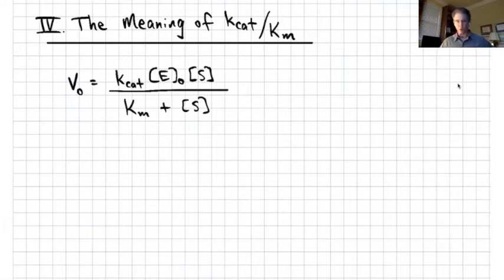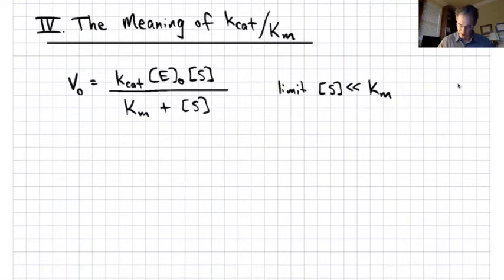So the question is to think about the limit where the concentration of substrate is much, much less than the Km. What happens to that equation?